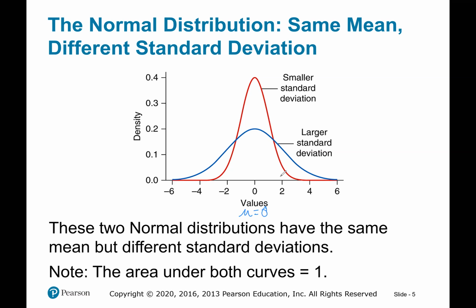And you have to remember that the higher normal curve has a smaller standard deviation, denoted by sigma here, and the shorter curve has a larger standard deviation. I'm just gonna denote standard deviation by sigma.